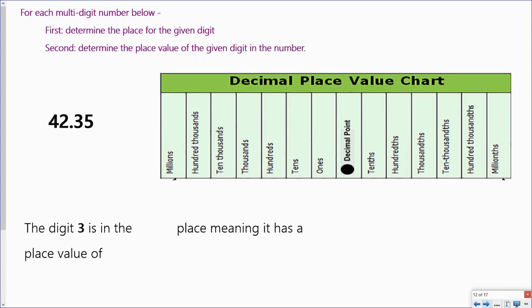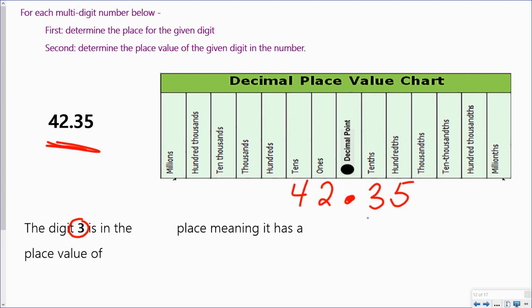So here we're going to take a look at first determining the place of the given digit, and second, determine the place value of that given digit in the number. So here is our number here, and we're going to take a look at the digit 3. So if I was to write my number here, I have 4 tens, 2 ones, my decimal, and then my 3 and my 5.